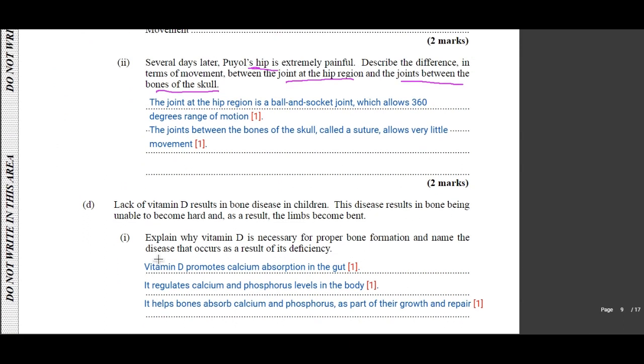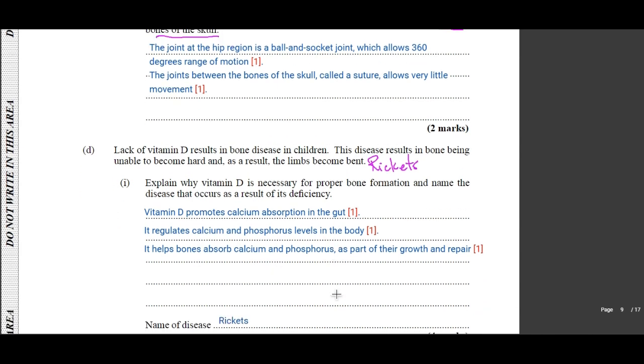Then we have lack of vitamin D results in bone disease in children. This disease results in bone being unable to become hard, and as a result, limbs become bent. Of course, we know that is your disease called rickets. So, we're asked to explain why vitamin D is necessary for bone formation and name the disease. Well, we named it already, right?